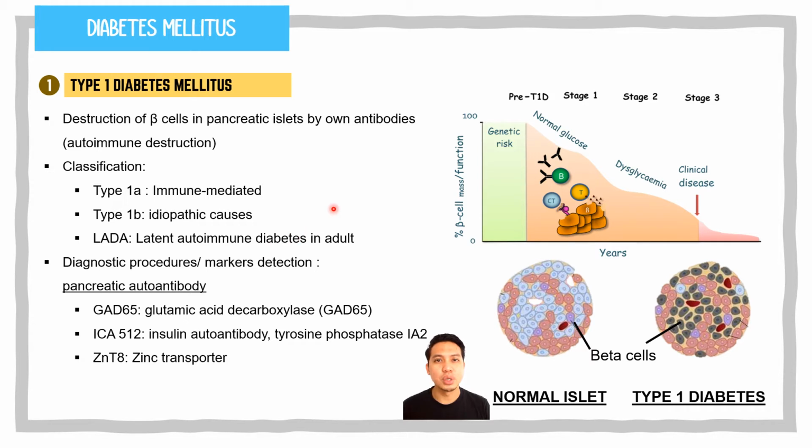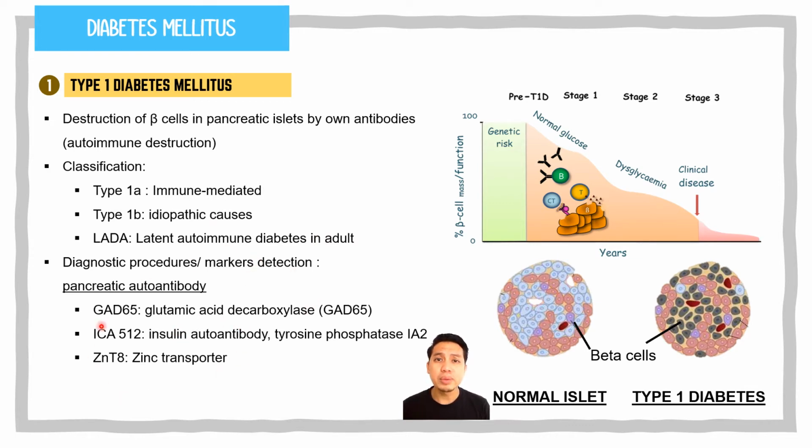Most patients with type 1 diabetes have one or more circulating antibodies, such as glutamic acid decarboxylase, known as GAD-65, insulin autoantibody, tyrosine phosphatase IA2, known as ICA512, and zinc transporter 8, or ZnT8. These can be detected at the time of diagnosis.